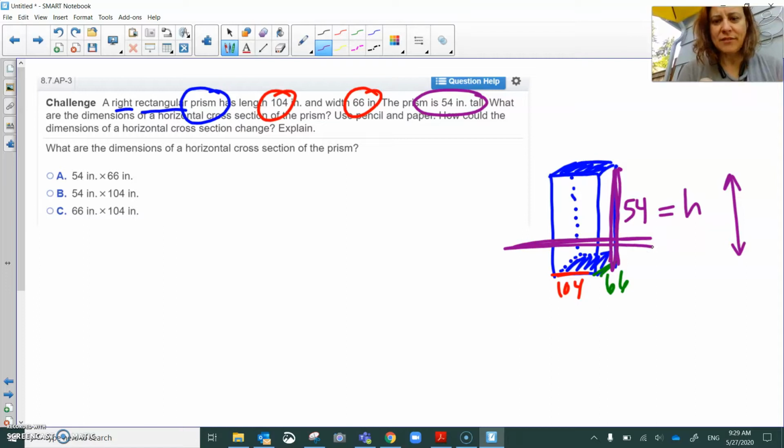Horizontal cross section of the prism. So I'm going to use yellow. So a horizontal cross section would be like me slicing it this way. So notice 54 is not going to be any part of the dimension of that cross section. So that cross section is 104 by 66.